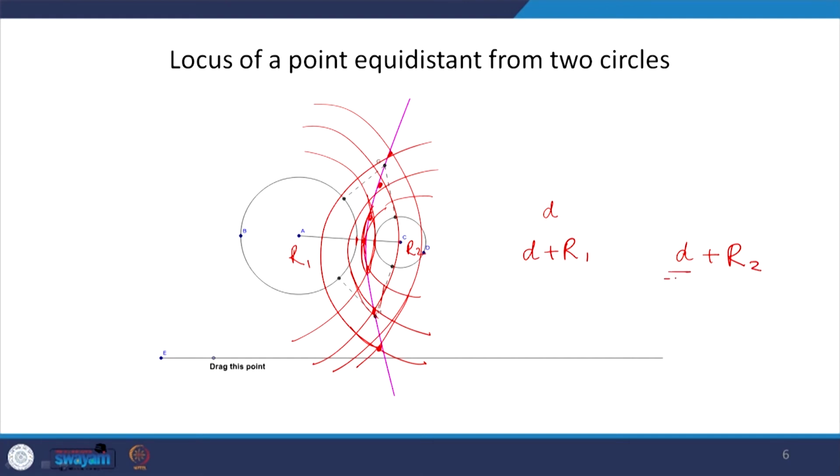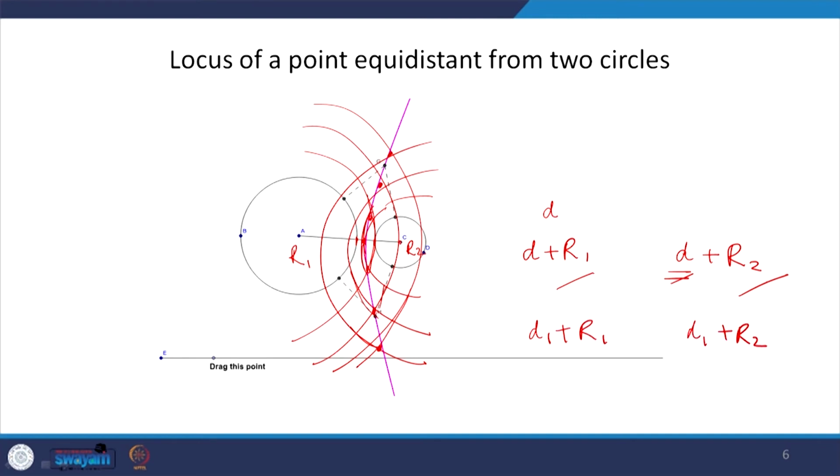So, r1 and r2 remain constant, and this d changes. Every time we have to get a different point, we will decide that the next is say d1, and the distance that we will measure is d1 plus r1, and here d1 plus r2, and we will measure it from the center.